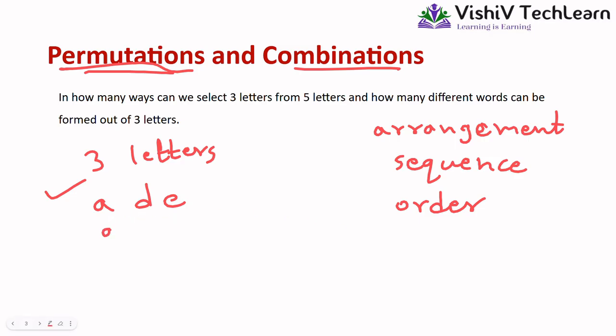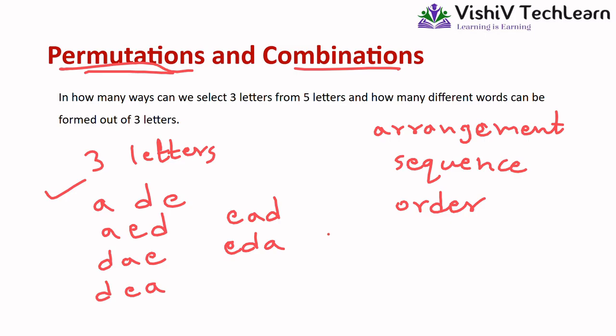So ADE may be one output, AED may be the second output, or D we can have first, then AE later on, again D first, then EA, or it may be E first, with A and D later on, or E first, then D and A. So these are 1, 2, 3, 4, 5 and 6. 6 different outputs for the same 3 letters.